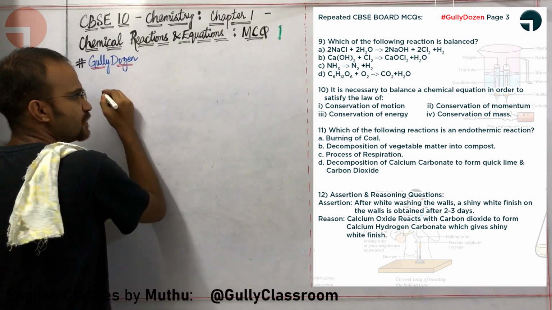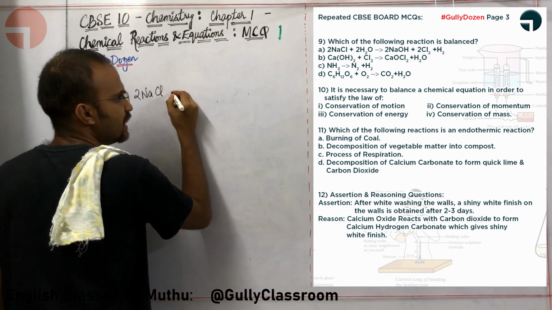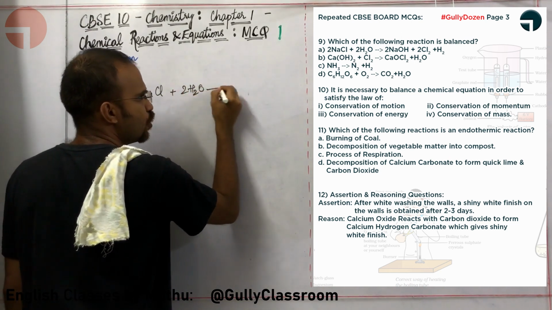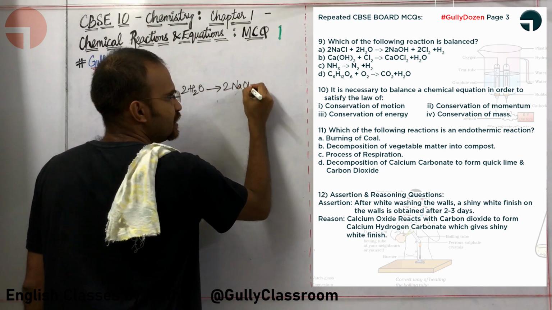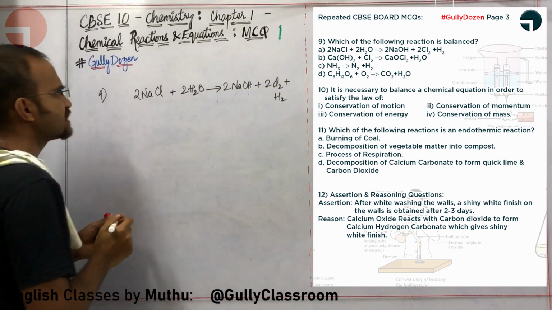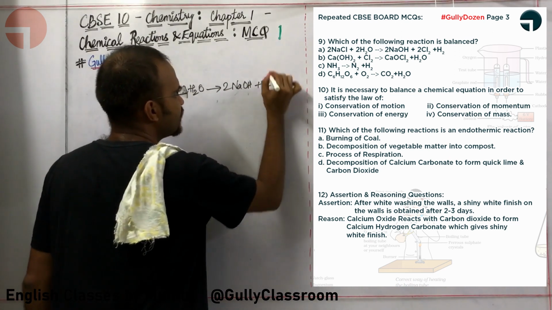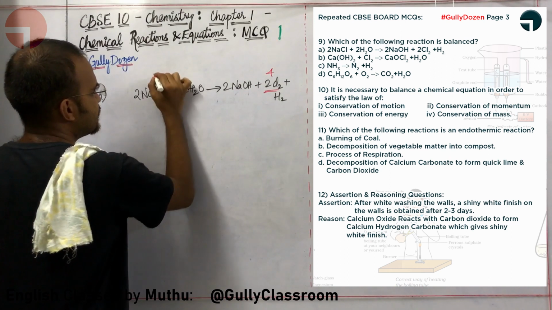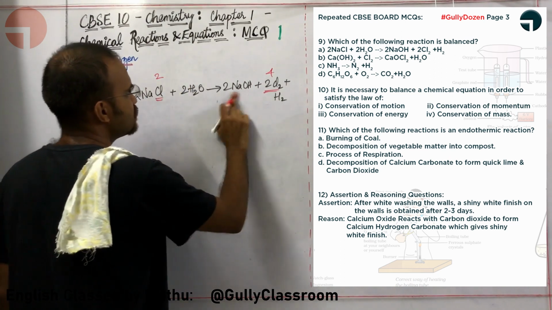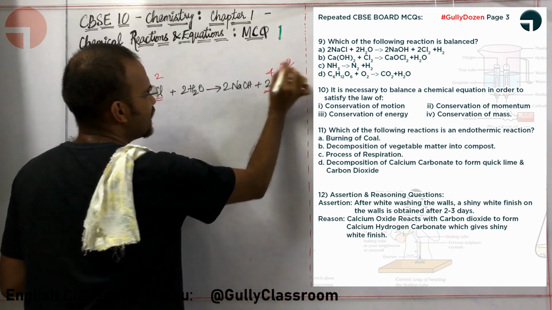The first equation in 9 is 2 NaCl plus 2 H2O will give me 2 NaOH plus 2 Cl2 plus H2. Is this reaction balanced? Let me check. No, this reaction is not balanced. Why sir? Here there is 4 chlorine, but here there is just 2 chlorine. There is a difference in the total number of chlorine atoms. This reaction is not balanced.